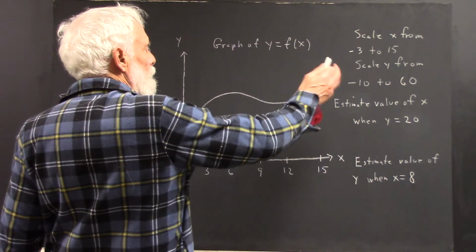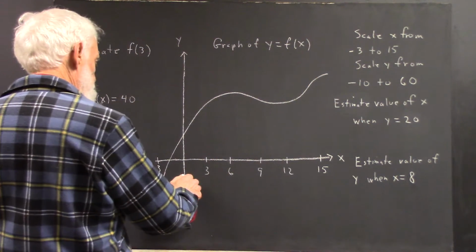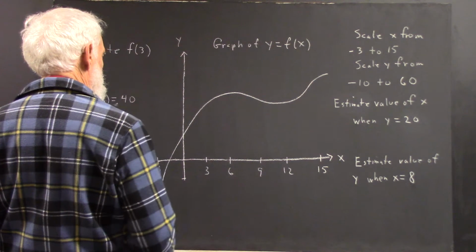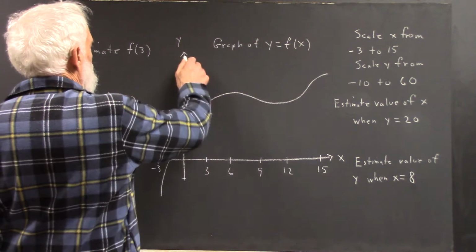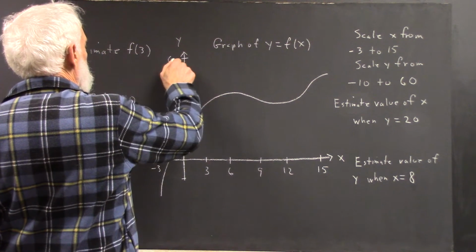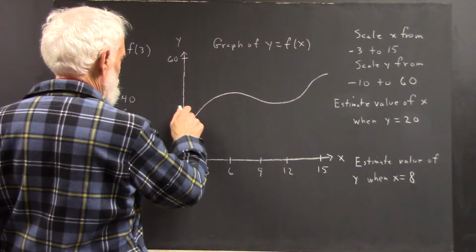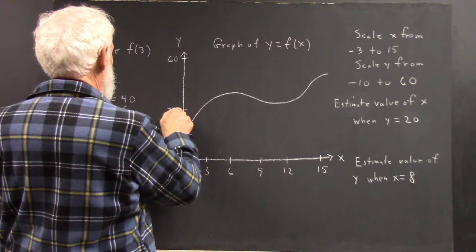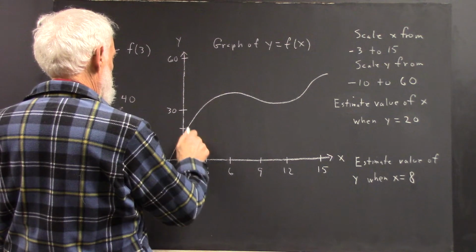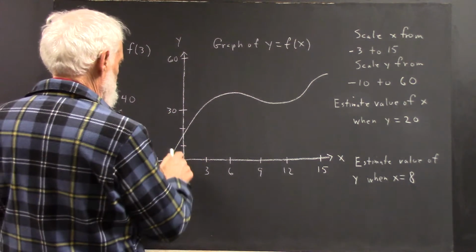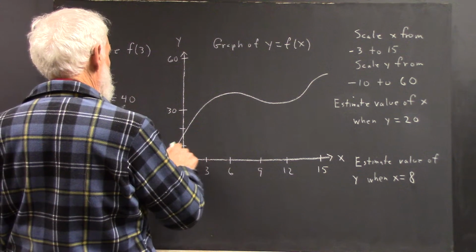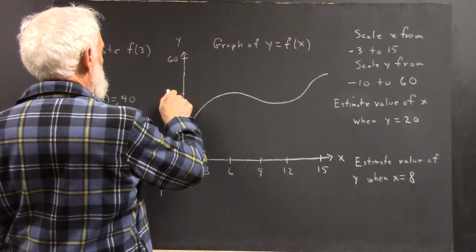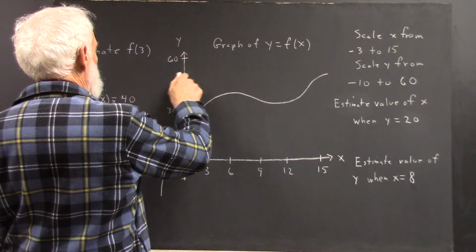And I want to scale the y-axis from -10 to 60. So the y-axis goes just down to here. We'll call this -10. Well, actually, I'd better be careful. I've only got this much room up here. So I'm going to call that 60. I'm going to divide this interval in half, approximately, and I'll get 30. And then I'll try to put a couple of marks in here, just to give us equal spacings. So I've got 10 here, 20 here, 30 here, and we'll put 40 here, and 50 here.